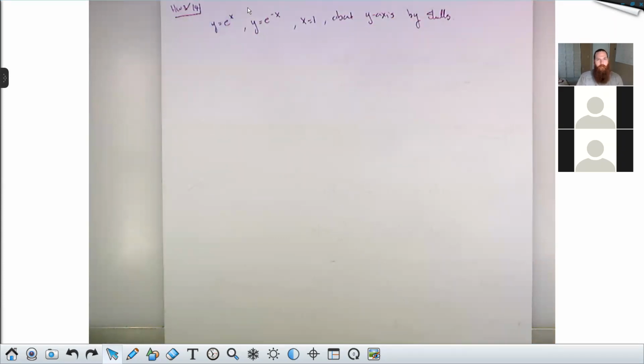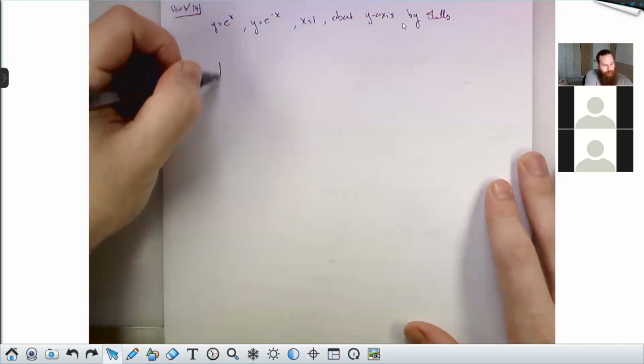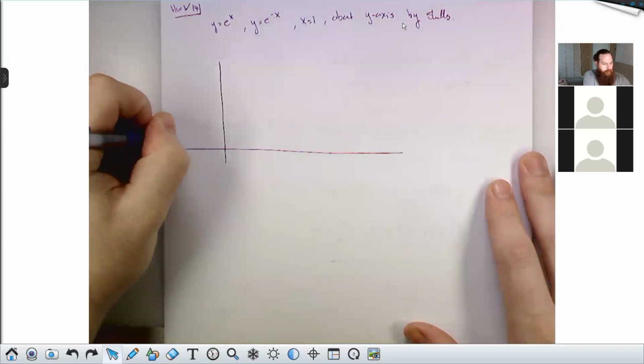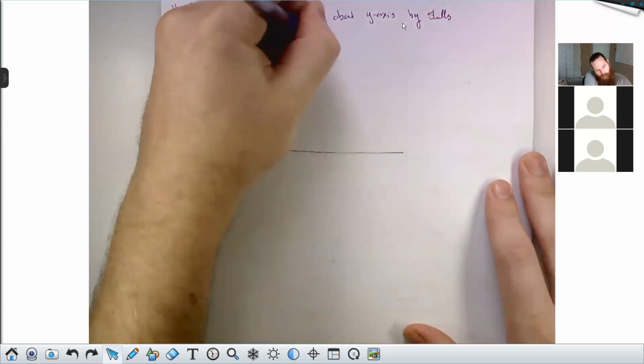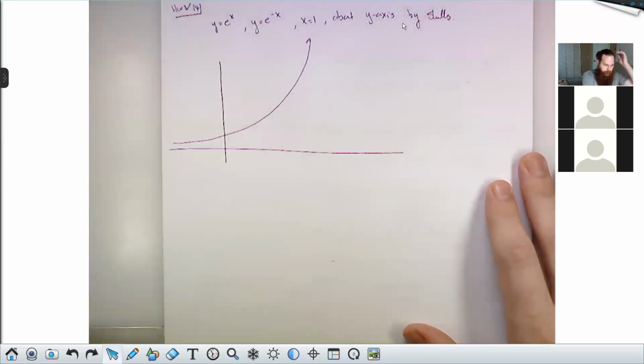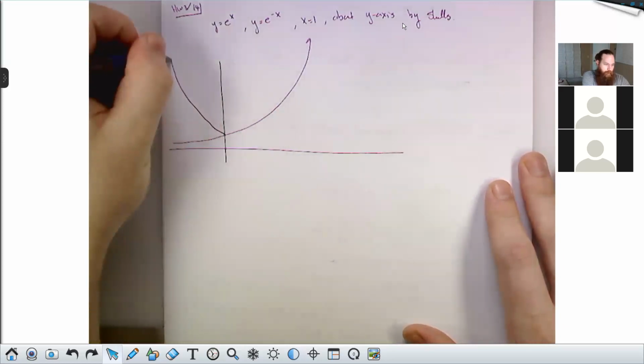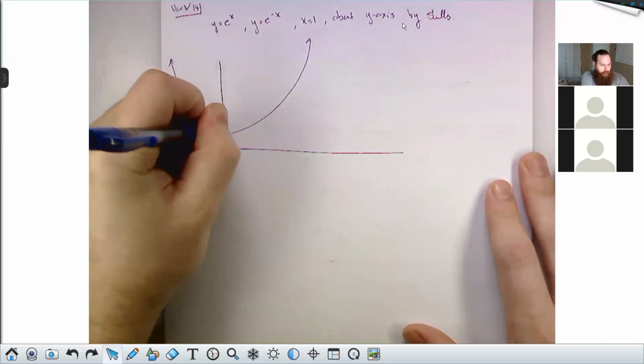I'm going to graph these two functions, this curve, and then imagine revolving around the y-axis. So e to the x looks like this. E to the negative x, like this.